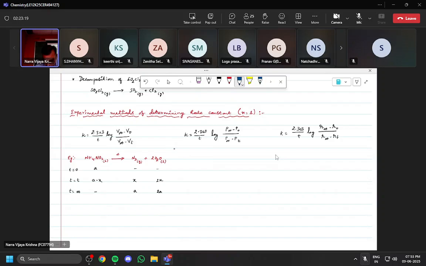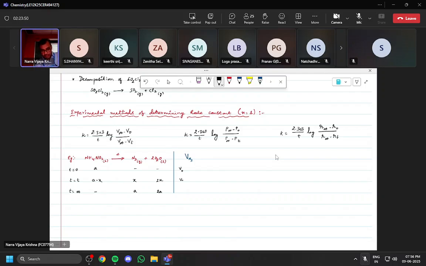Now, I am measuring volume of N2 gas, maybe at STP or NTP, whatever it is. At time t equal to 0, let me assume that as V naught.